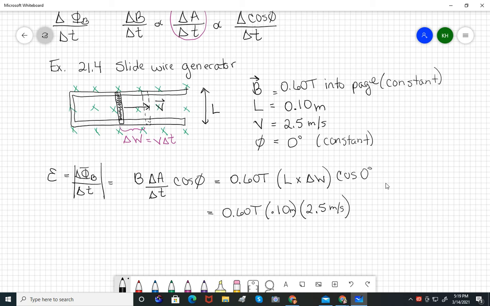Notice when you multiply that together, that gives you 0.60 Tesla, and this is going to be 0.25 meters squared per second. That's that change in area there that you want to be familiar with. When you put all your numbers in it, you get that the EMF is 0.15 volts.